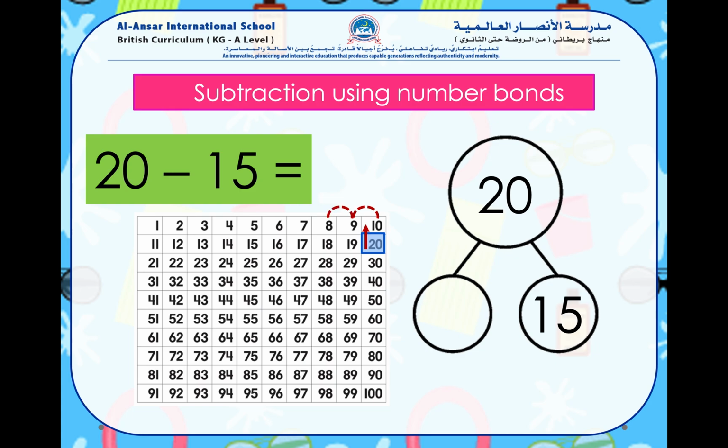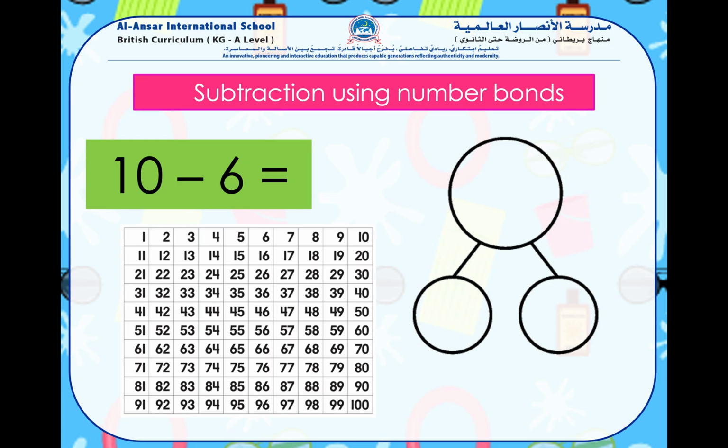And then we're going to count 5 more. 1, 2, 3, 4, and 5. So 20 minus 15 equals 5. If you've got that answer, super job. Well done.